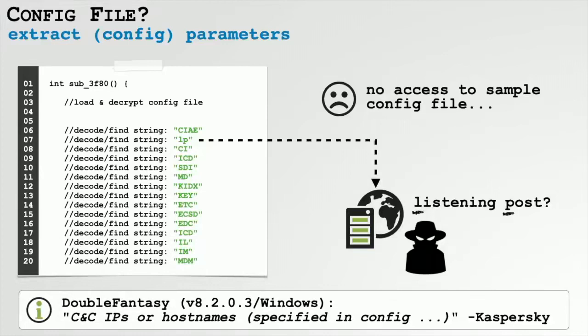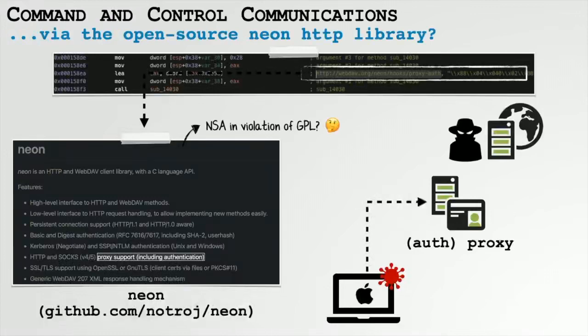If we look at Kaspersky's documentation for their analysis of the Windows variants, they mentioned the fact that this malware has command and control servers, or LP servers, in a config file. So it makes sense that the macOS version likely implements that as well. Unfortunately, though, I did not have access to a config file, so I couldn't dig too much deeper into that.